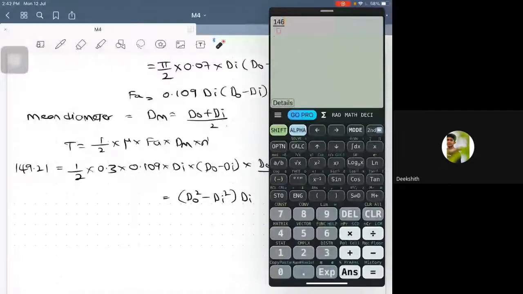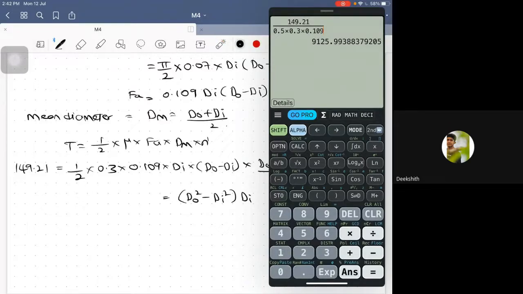That is 149.21 divided by 0.5 into 0.3 into 0.109. This has to be substituted in mm, Newton mm, because whatever Fa value you get will be in Newton mm. So 9.125.